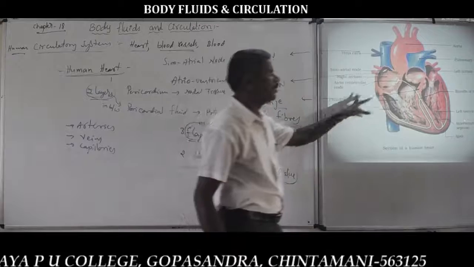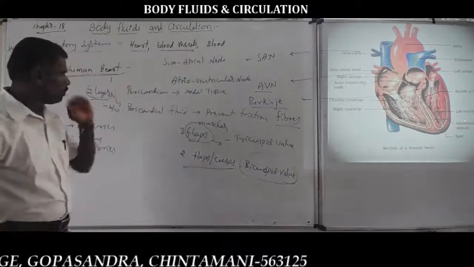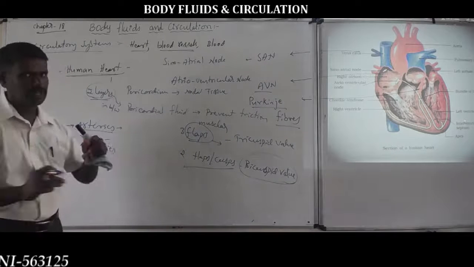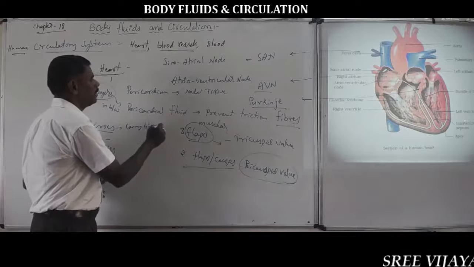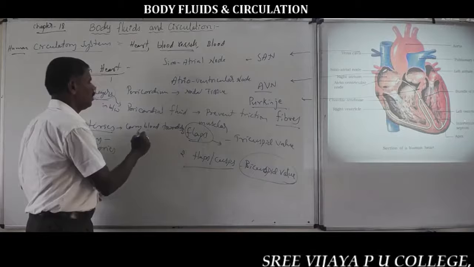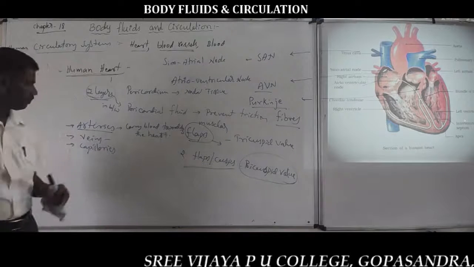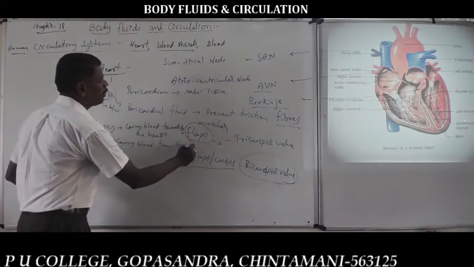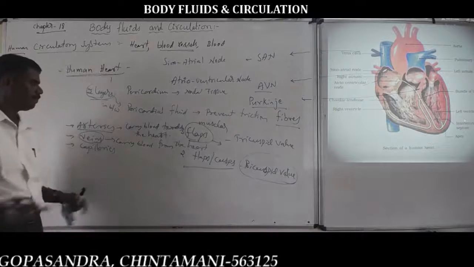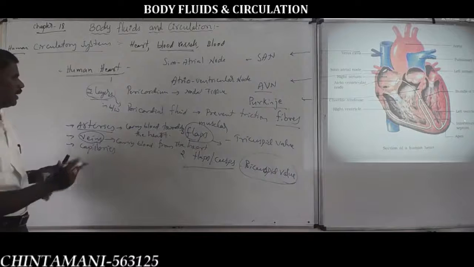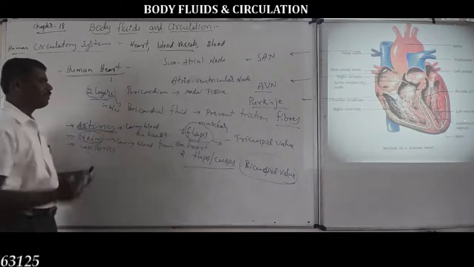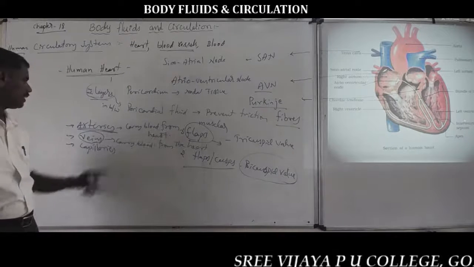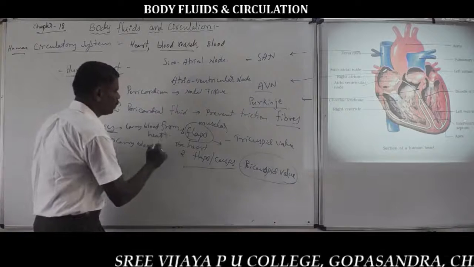As you know the complete structure of the human heart, arteries carry blood from the heart, and veins carry blood towards the heart.